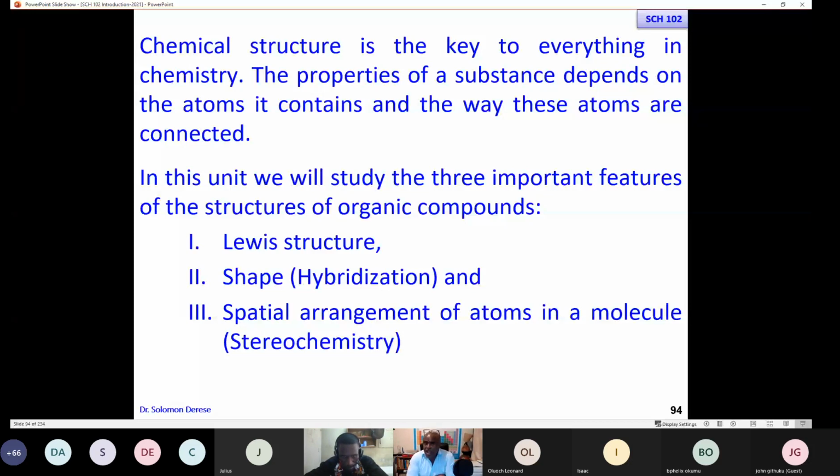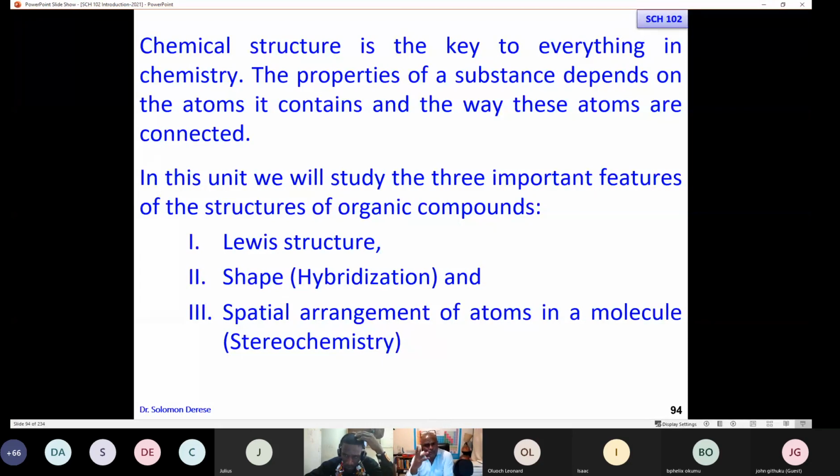The Lewis structure, as you will see, does not give us any information about the shape of the molecule. If you want to know the shape of the molecule, we need to look at the hybridization of each of the atoms in the Lewis structure. Then we'll talk about the shape of the molecules after we are done with the Lewis structure.